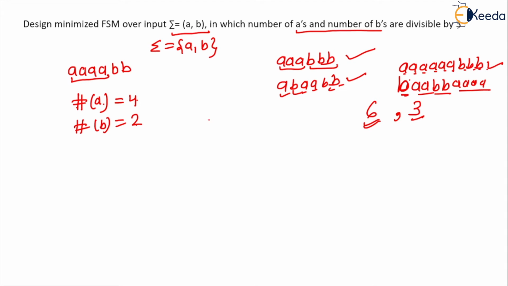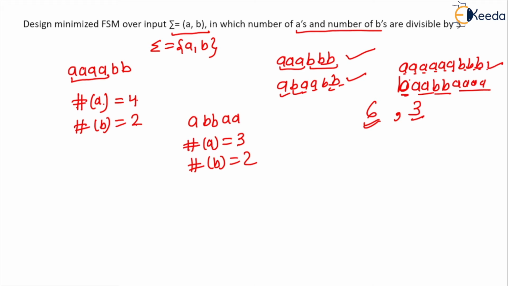Got it? If one count is divisible by 3 but the other one is not, like in this string, the number of A is 3 and the number of B is 2. In this particular condition, the number of A is divisible by 3 but the number of B is not divisible by 3.